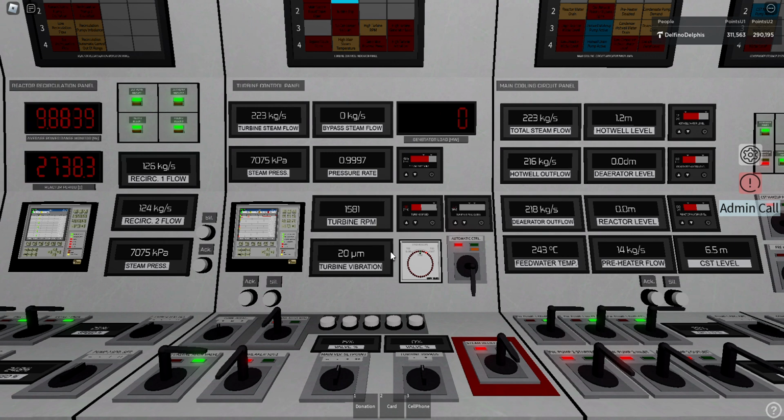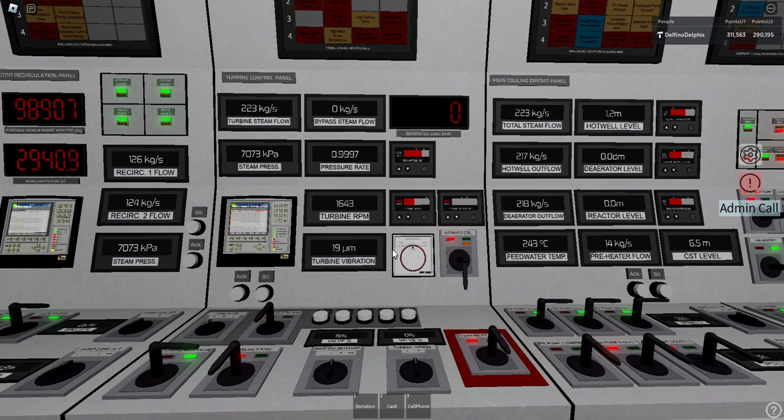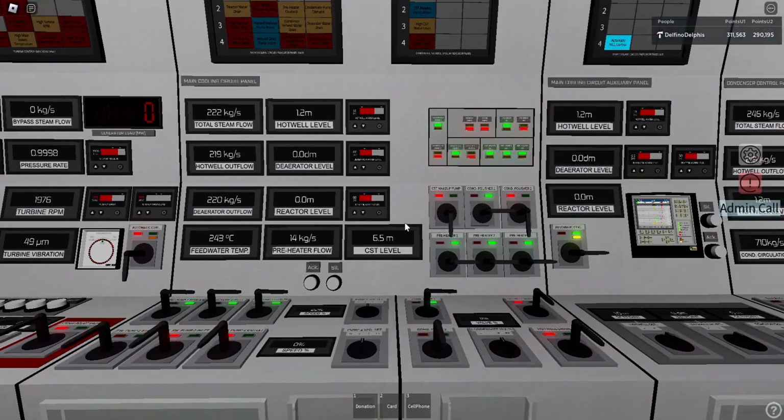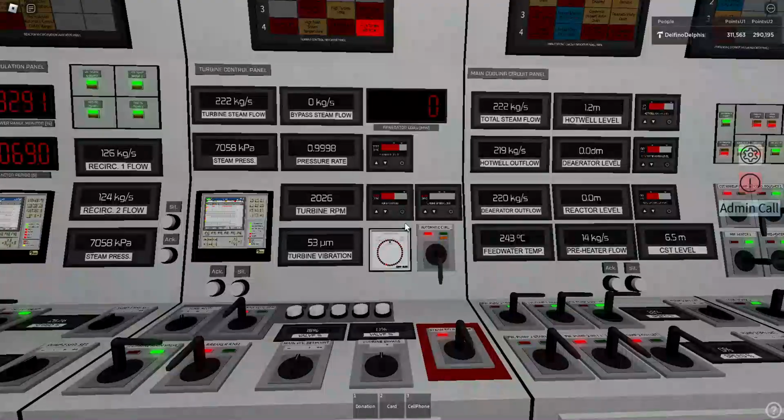In unit 2 you will have to be more careful. If this pressure is too high, you can always open the relief to get rid of the pressure, but be careful because this will also lower the level in the reactor, so in emergencies this could be dangerous.